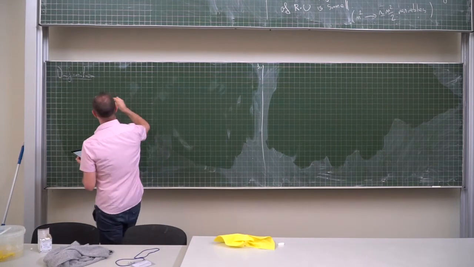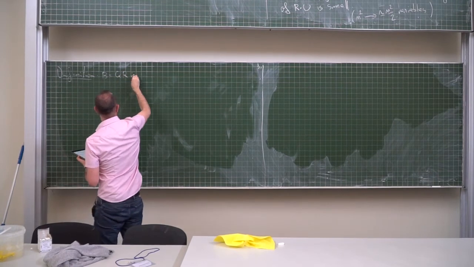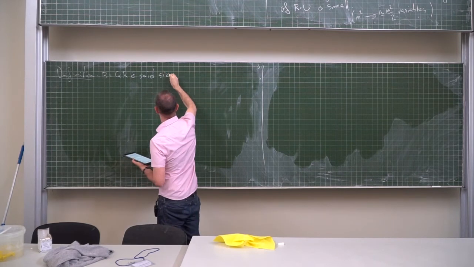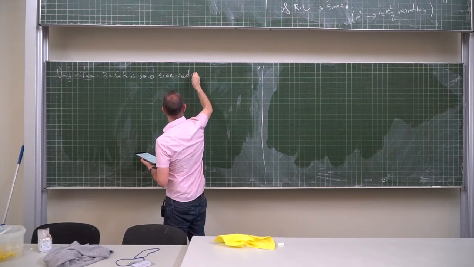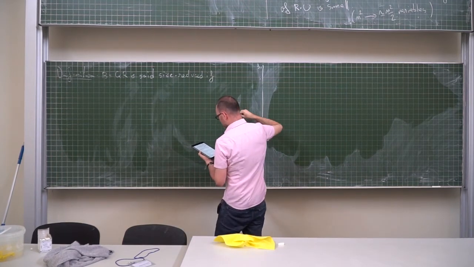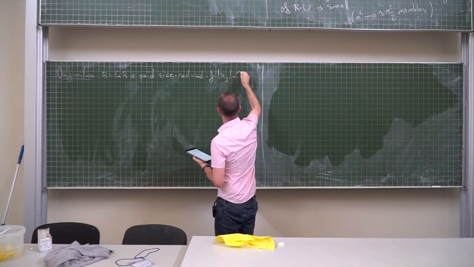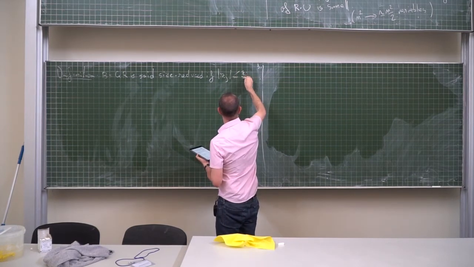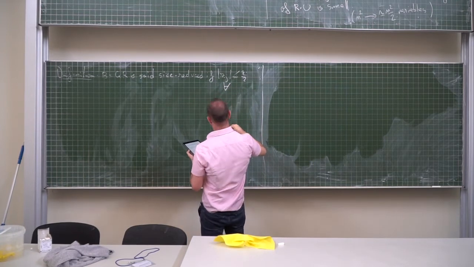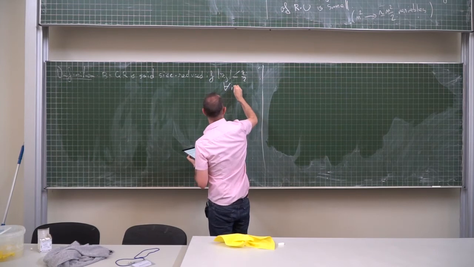So B equal QR is said to be size reduced if |R_ij| is less than R_ii over 2 for all i smaller than j.